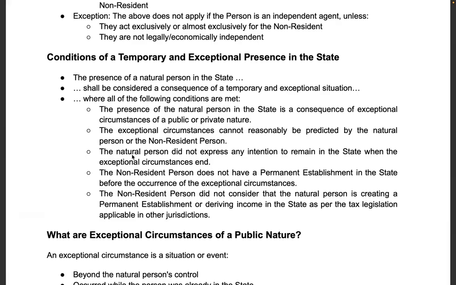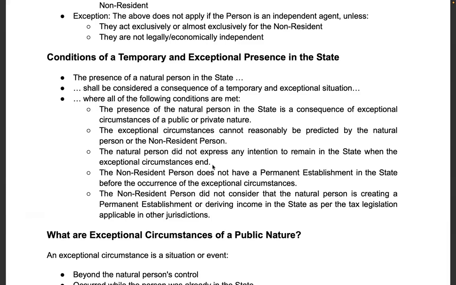Third, the natural person did not express any intention to remain in the UAE when the exceptional circumstances end. That's another very interesting angle. I'm stuck in the UAE right now, but I don't plan to stay once these circumstances are over. I will immediately go back, I have other stuff to do in my home country.